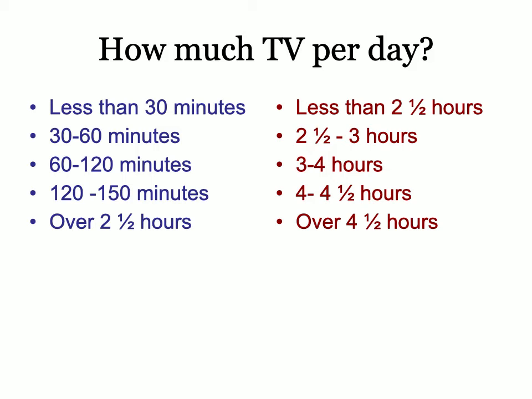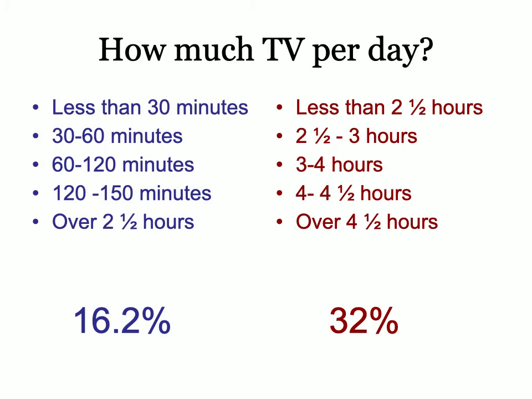On the right-hand scale, it is everyone who chose anything but the top response. So lots more options there. And they found that just by changing the scale, they nearly doubled the amount of people who reported watching more television. And so that's something to be careful of.